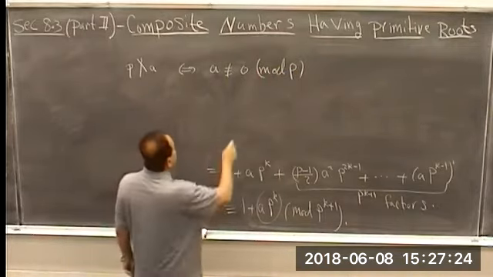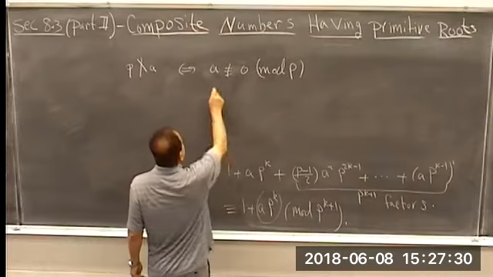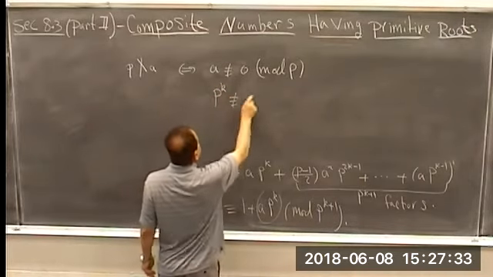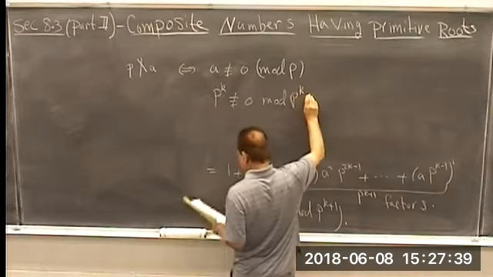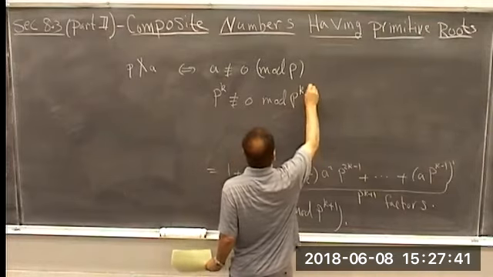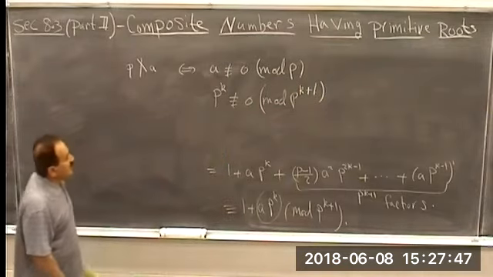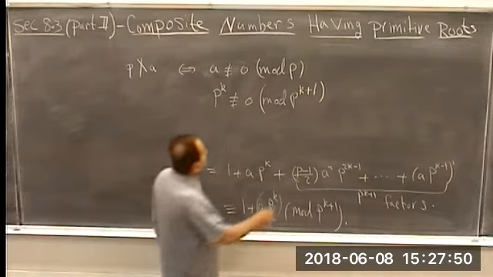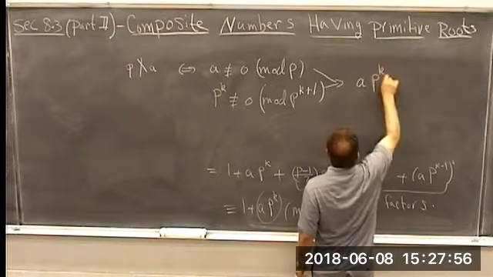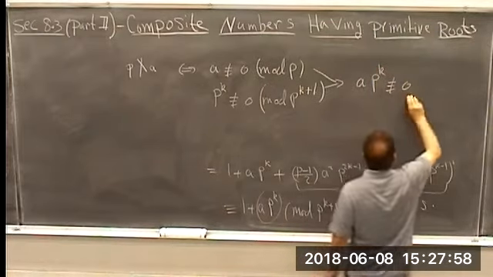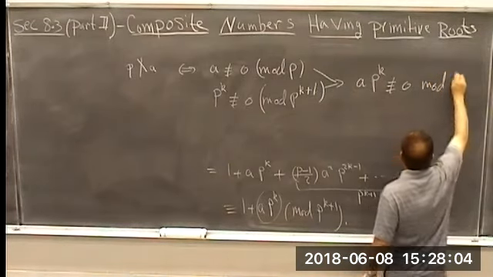And this itself also implies one other thing: p to the k is not congruent to 0 mod p to the k plus 1. That's it. All right. So now these together imply, if I multiply them, that this is not congruent to 0 mod p to the k.